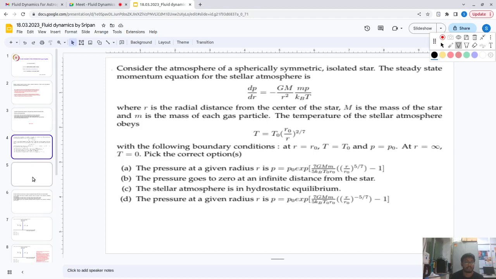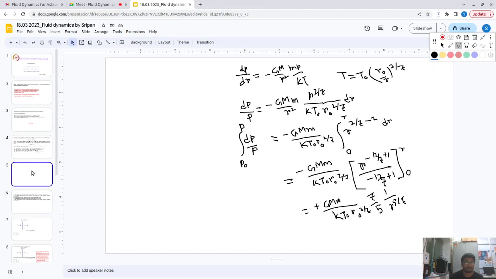We could have a look at this, because this is the case. So it's like r to the power minus 5 by 7. So if you have r to the power 5 by 7, that means you should have the... so this is basically you have ln p, right?